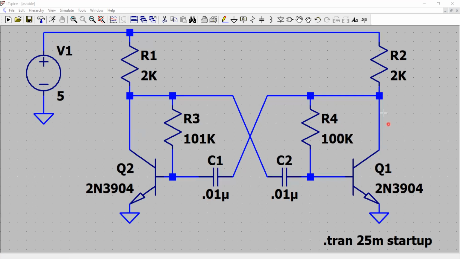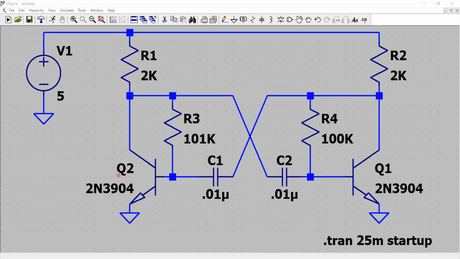So it's basically a common emitter amplifier. R4 has two purposes: to provide the negative feedback from collector to the base, and to provide the bias and set the operating point of this transistor Q1.